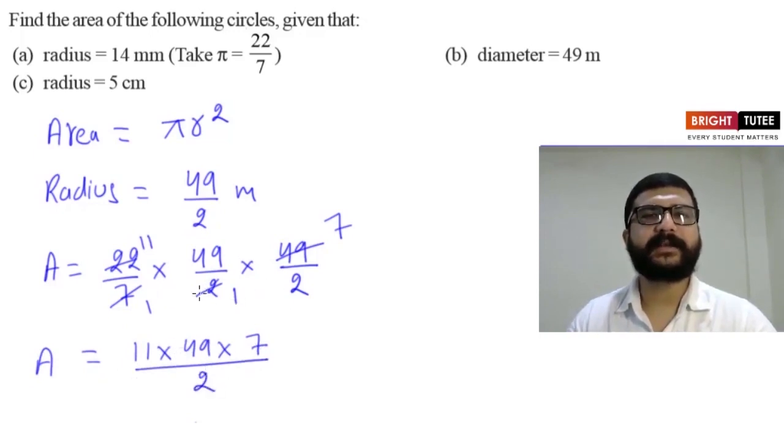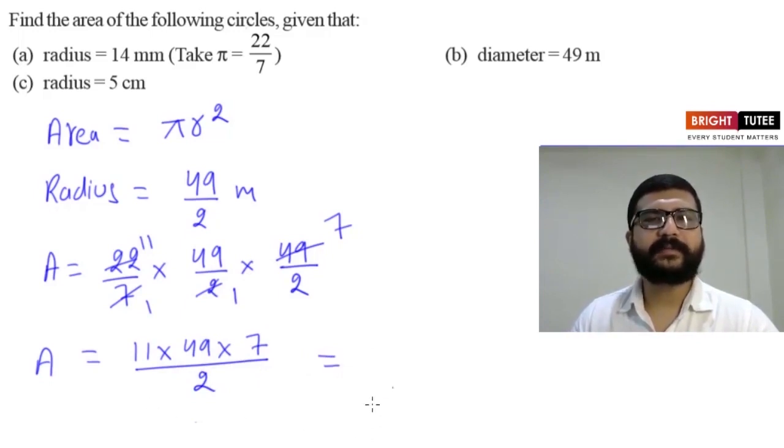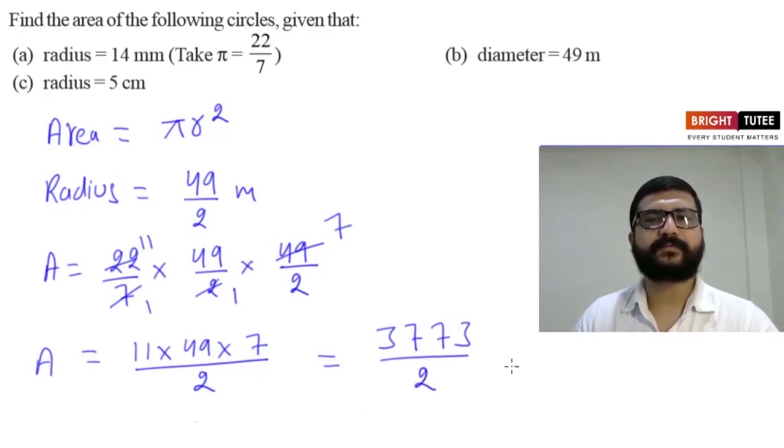This is how we multiply two rational numbers. We multiply their numerator with numerator and denominator with denominator. Now, can we find this numerator? 11 into 49 into 7. Yes, we can find. We know how to multiply numbers. And then we have to divide it by 2. We know how to divide also. So, from here by simplifying we will get 3773 divided by 2.